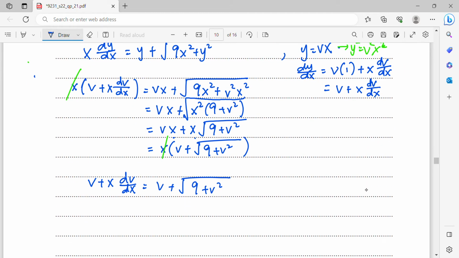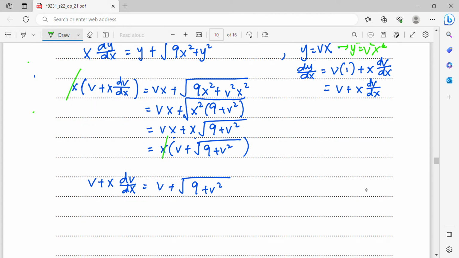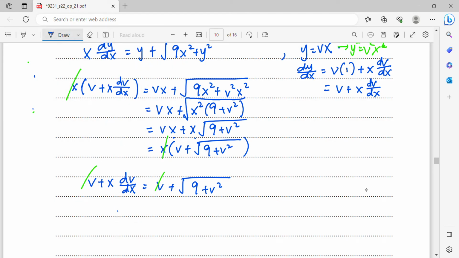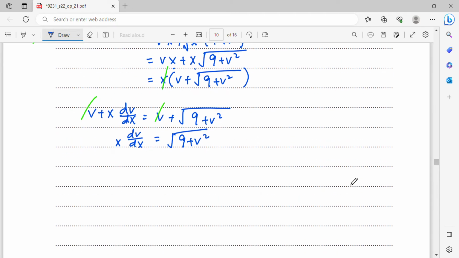And then again, you have the v on both sides, so the v can be cancelled off. That means the simplest form of the first order differential equation becomes x dv dx equals square root of 9 plus v squared.